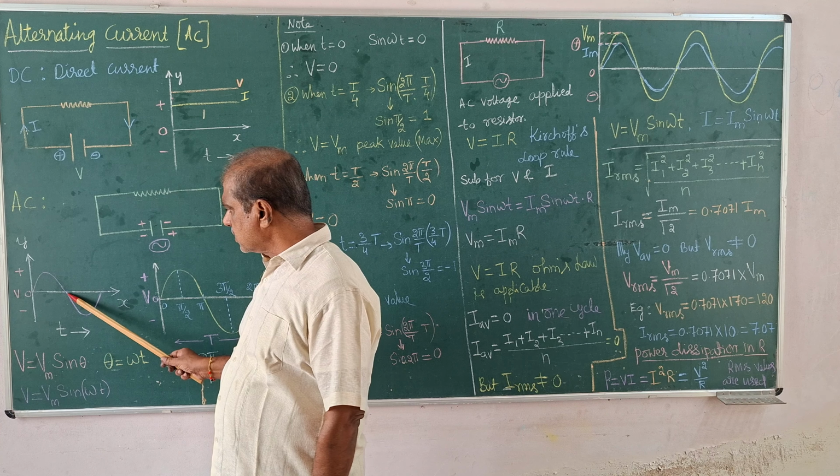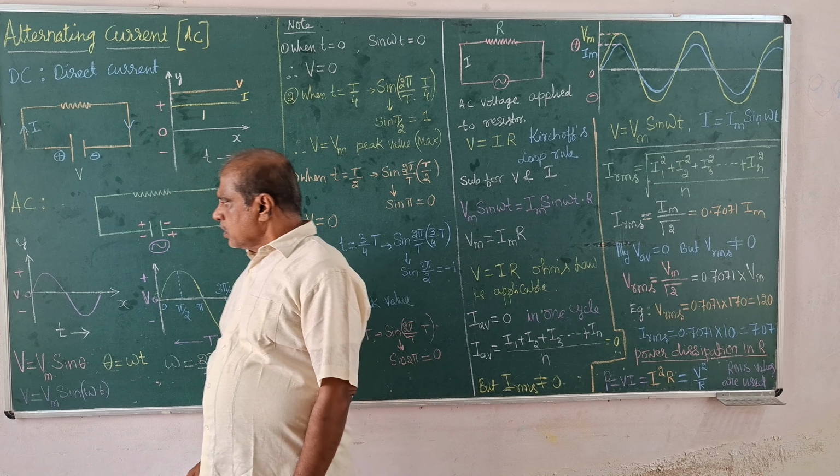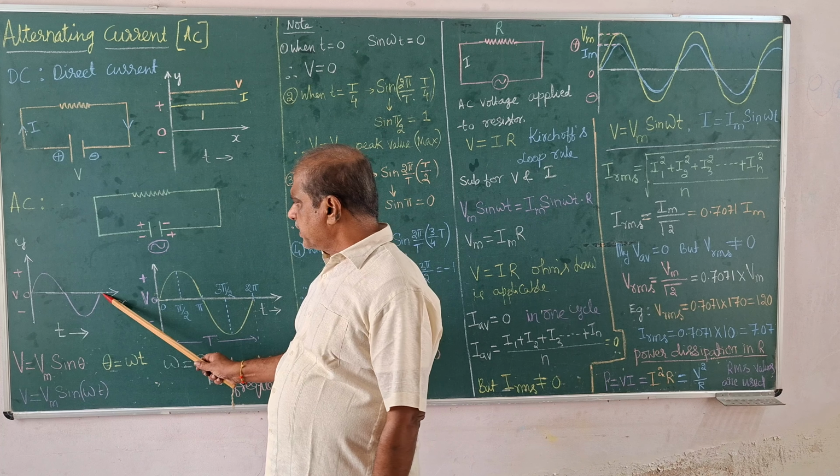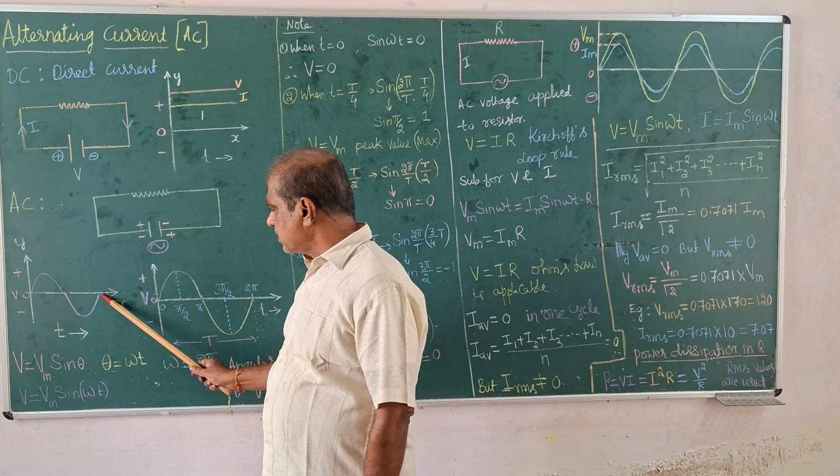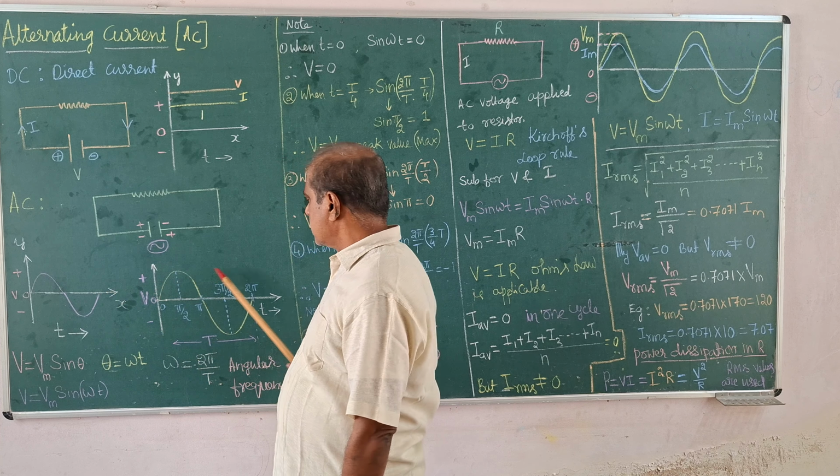And in the reverse direction, it increases from 0 to peak and again drops to 0. There is some regularity, the symmetric wave we get. And this wave is repeated, the same wave is repeated. That is the variation of voltage and current in the circuit.